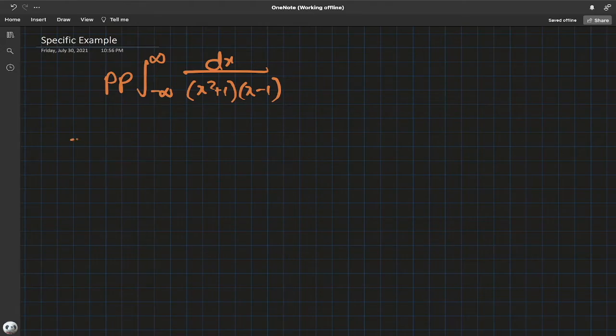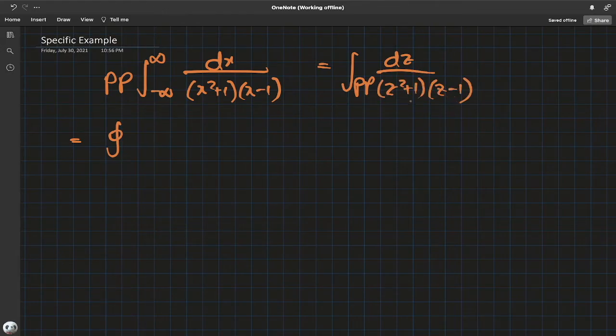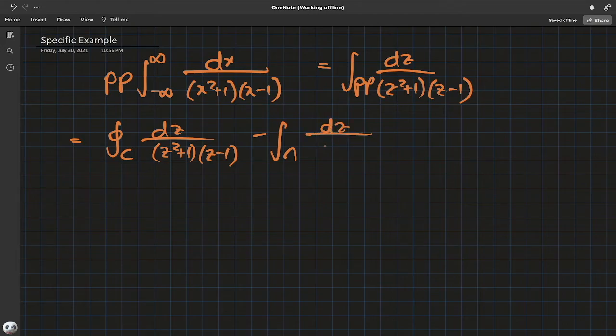This can be expressed as principal parts of the complex version of this, which means that we'll have to subtract from the contour integral those other integral terms, which includes the top arc part and this new gamma part that I just showed you a couple of minutes ago.